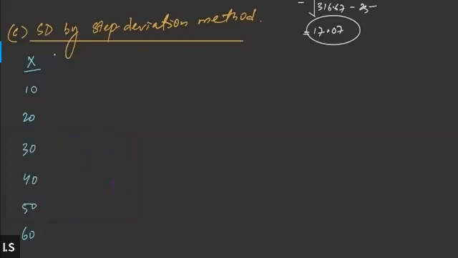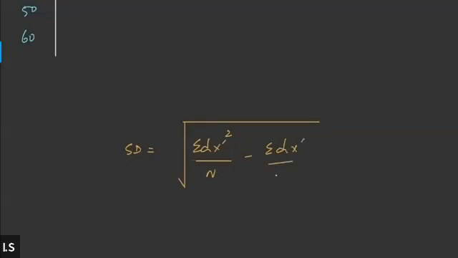After writing the question in the vertical format, we always write down the formula. So the formula for calculating standard deviation by the step deviation method in case of individual series is sigma dx dash square upon n minus sigma dx dash upon n whole square, and outside the under root we will multiply it with the common factor.